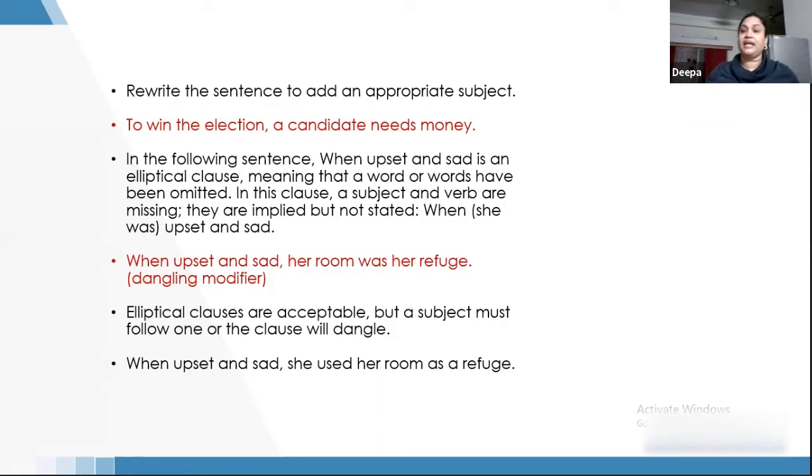I'm telling you again and again that whatever sentence structures we are using, it is not at all that they are completely wrong, but somewhere it is unclear, somewhere it is ambiguous, somewhere it is confusing. So making it more clear, making it known whose room was a refuge, is better than anything else.